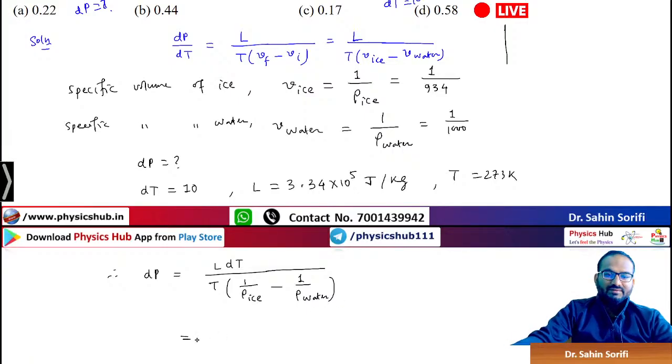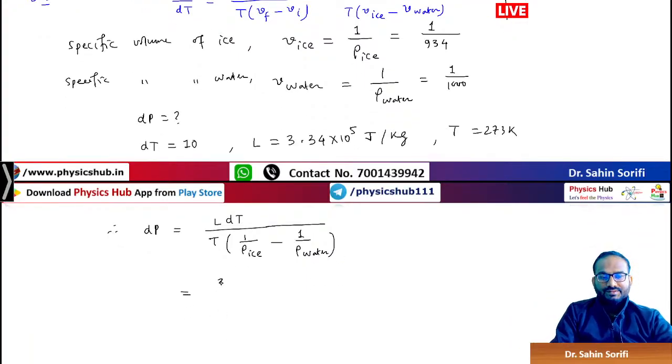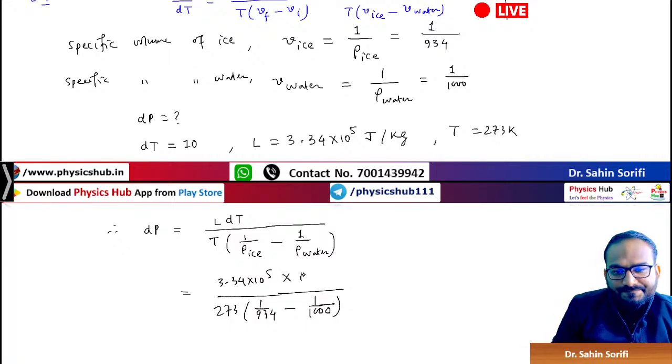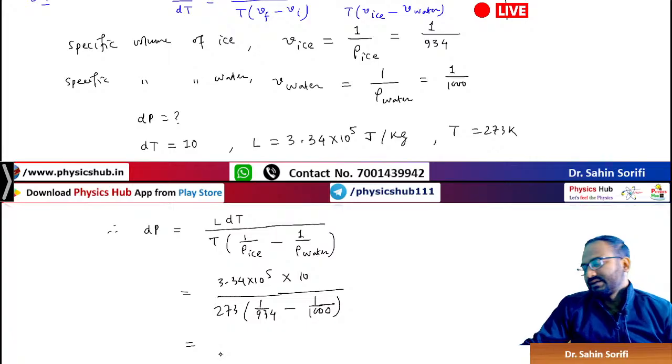So let's just put the values. 3.34 times 10 to the power 5 by T, times (1 by 934 minus 1 upon 1000). dT is 10. So let's calculate this.